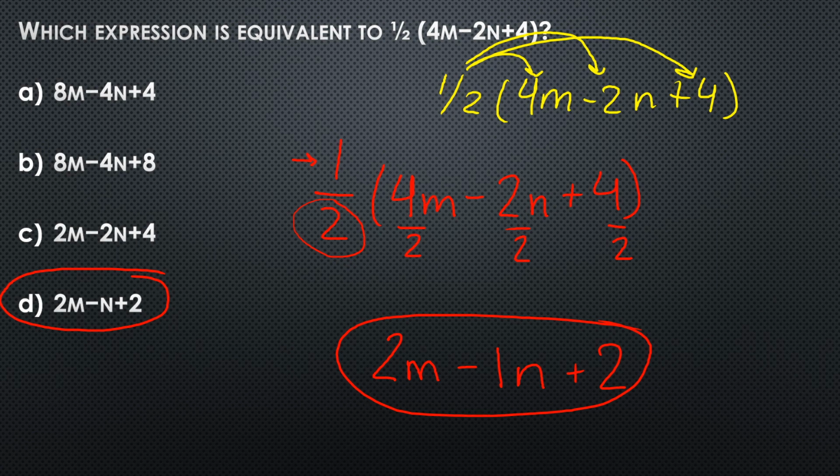So you can absolutely do it the other way. I just wanted to bring this way to your attention because some of you might think that this is a bit easier. If you like it, use it, great. If you do not, that's fine. We always know that as long as I'm taking the number outside and distributing it by multiplying it to every number inside, then we are on a good pace.